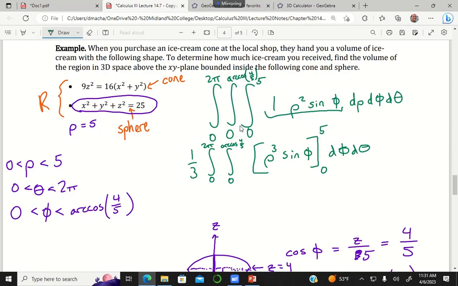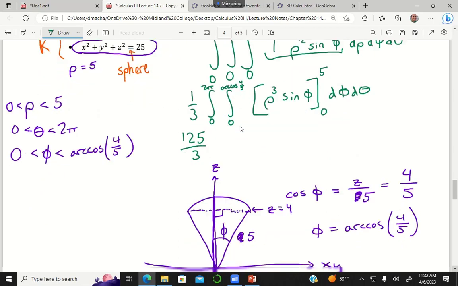So if I plug in rho is 0, 0 cubed is 0, and so everything goes to 0. So I need to think about what happens when rho is 5, and that would be 5 cubed sine phi. 5 cubed is 125. That's just a constant, so I can remove it. And then I would be left with sine phi. That's my new integrand.